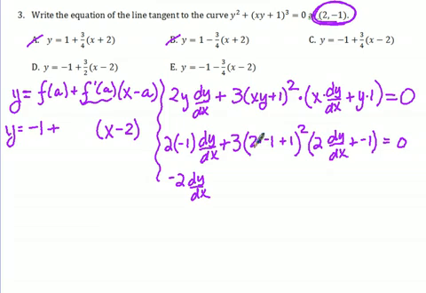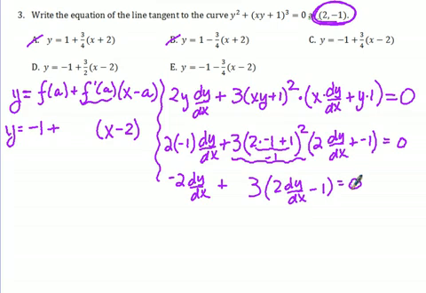So in the parentheses, 2 times -1 would be -2 plus 1. So in the parentheses here, this is -1. But then I'm squaring it, so it turns into +1, and then I multiply times 3, which would be 3. So all of this equals 3 times (2 dy dx minus 1) equal to 0.